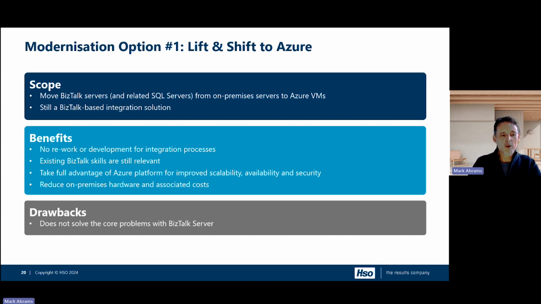This is where you effectively move your BizTalk servers and the related databases from on-prem servers into Azure virtual machines, infrastructure as a service, as we call it. And this works well, but it's still a BizTalk integration solution. You start off with BizTalk and you'll still have BizTalk.